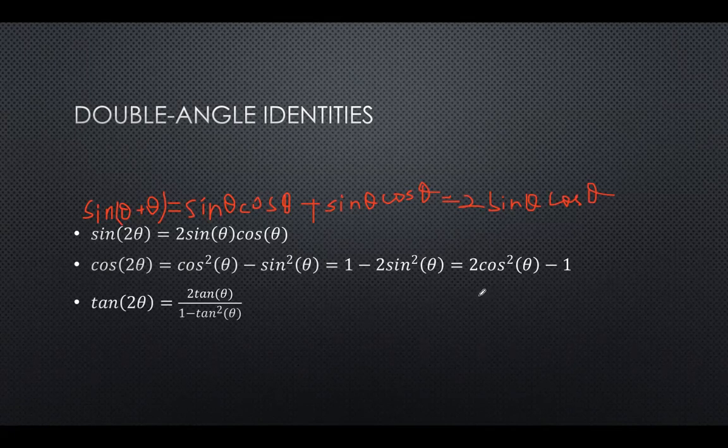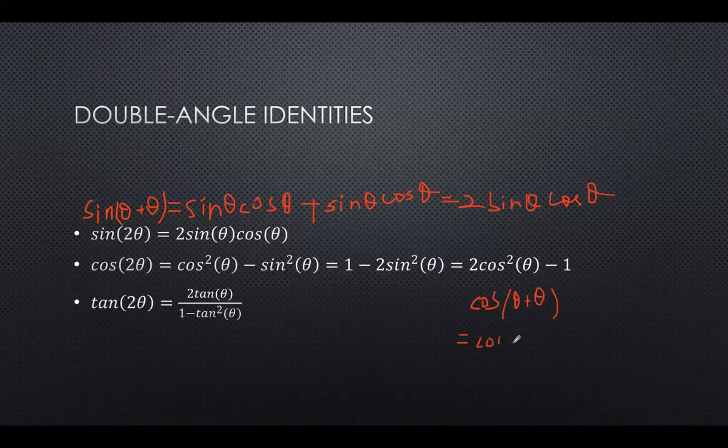For cosine of 2 theta, again it's another sum identity of cosine.